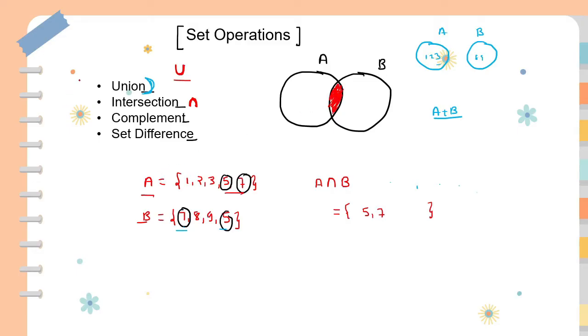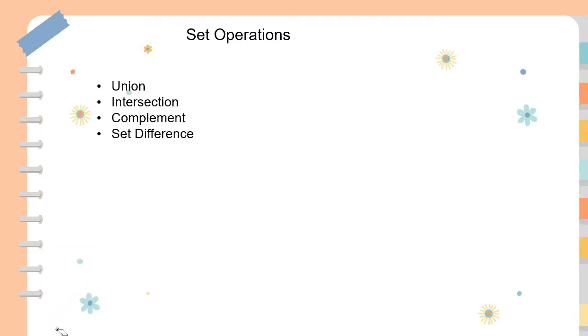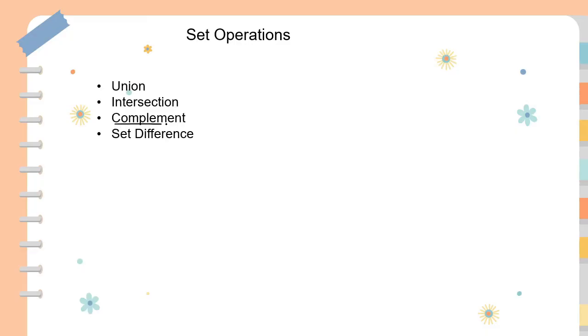Now we are done with union and intersection. The third concept is complement. So we are interested in complement now. Complement means completion.